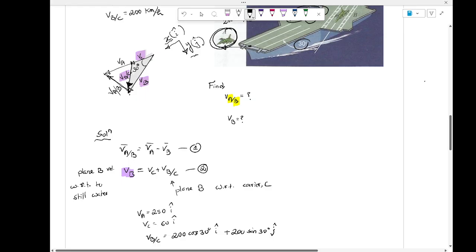Now remember, the carrier movement and plane B runway have an angle of 30. And using that, I can write this VBC, right? As 200. What is the 200 again?